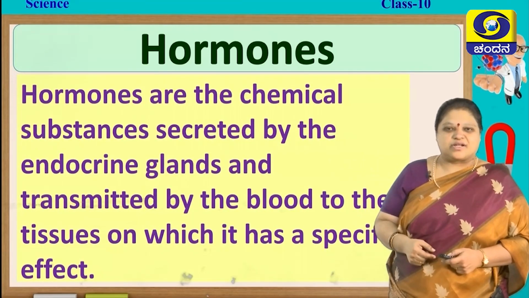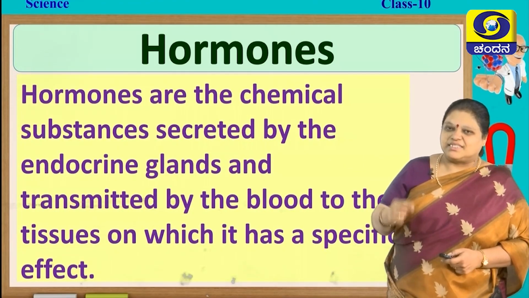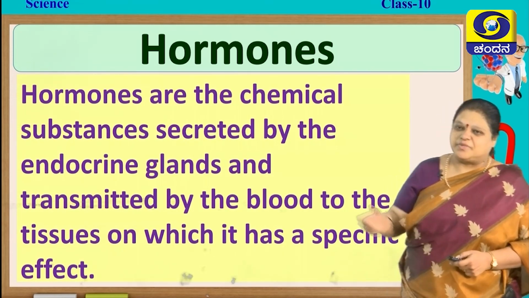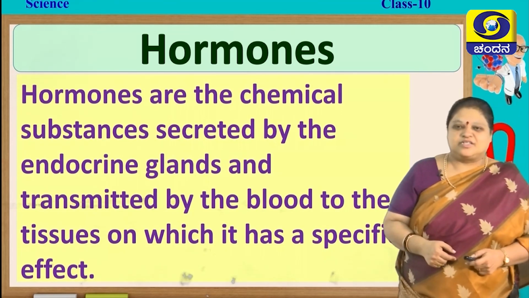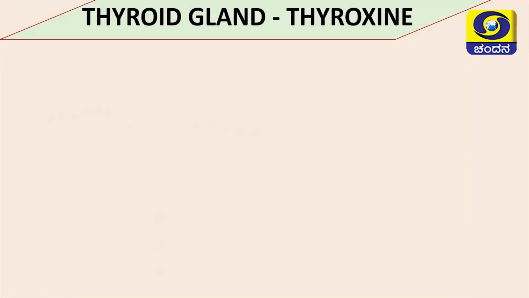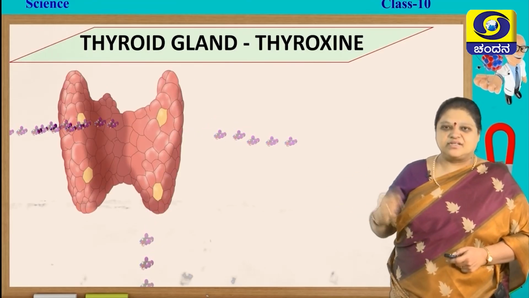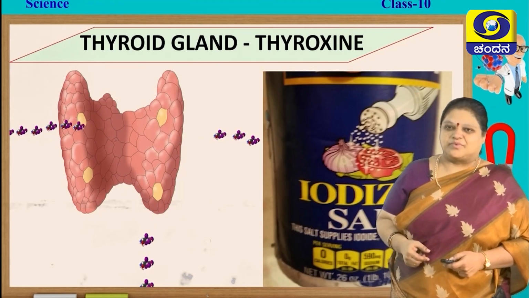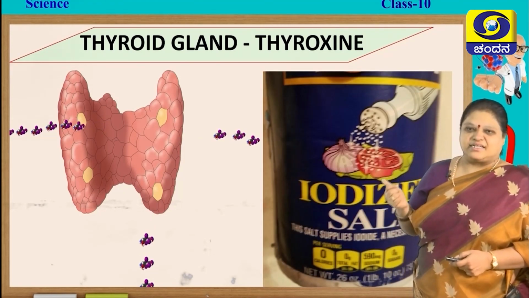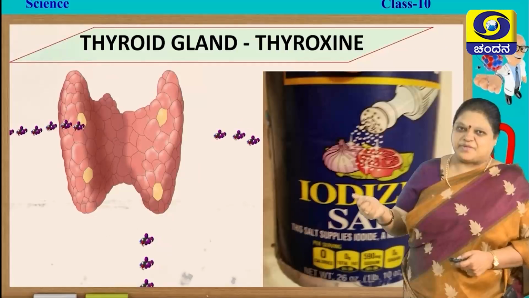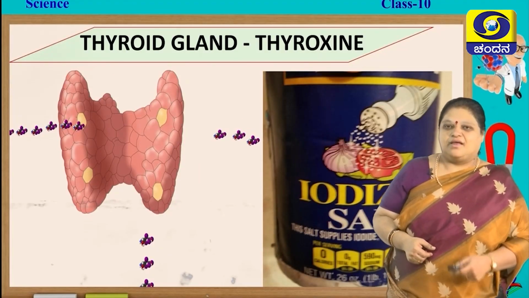Hormones are the chemical substances secreted by the endocrine glands and transmitted by the blood to the tissues on which they have a specific effect. First, the thyroid gland will secrete thyroxine hormone, and it is secreted properly if iodine is present, which is present in salt.